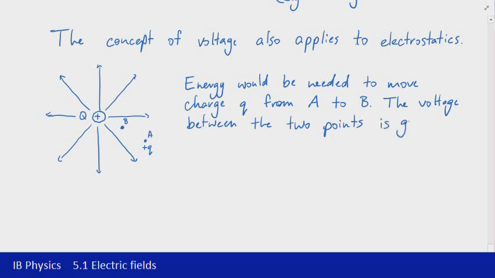That's going to be given by the equation VAB. So we're looking at the voltage from A to B. So that's still going to be equal to that equation W on Q. W here is the energy that we're putting into the system, so moving the charge from A to B, so we're doing work, we're putting energy into it, and Q is the size of the charge that we're moving.